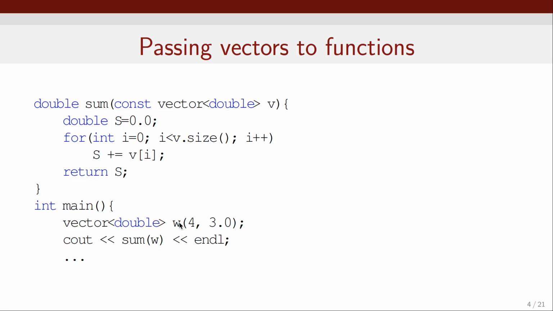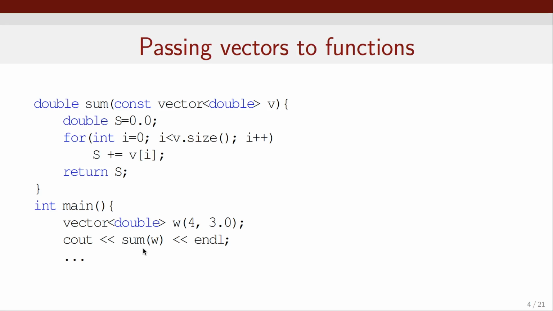So if I declare a vector of doubles w with components 4 and 3, and we pass that vector w to that function, then the function will calculate the sum and return it, and then we are printing that quantity to the screen.